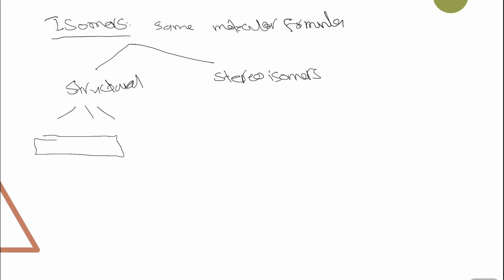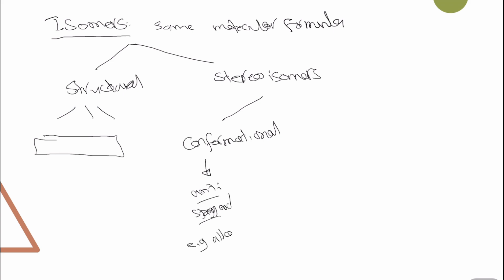So in the stereoisomers we talked about two types, the conformational isomers. This is like the anti and the staggered form we find in alkanes. And then there is another type that is called configurational isomers, where there are two types.